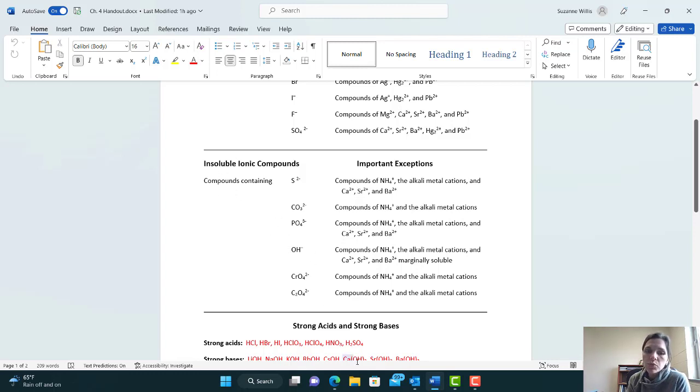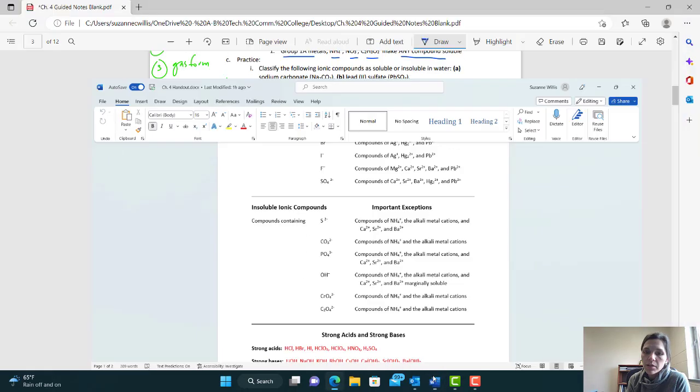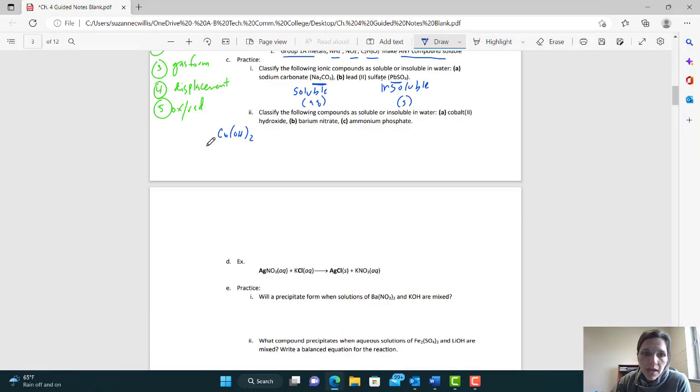Since it's following its rule, that means it is an insoluble compound. So will it be aqueous or will it be solid? It will be a solid. Does that make sense? So even though it's an ionic compound and most dissolve, there are some that don't, and this is an example.